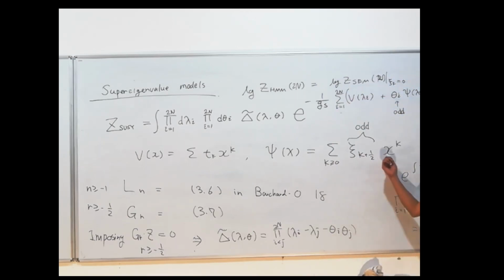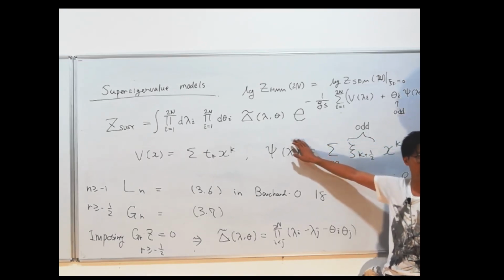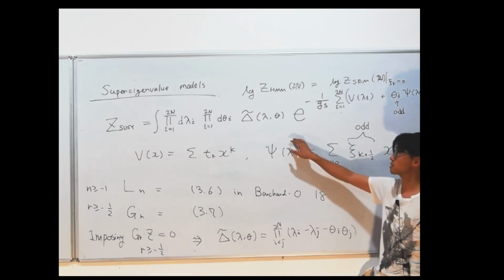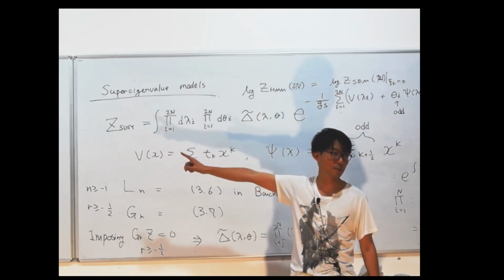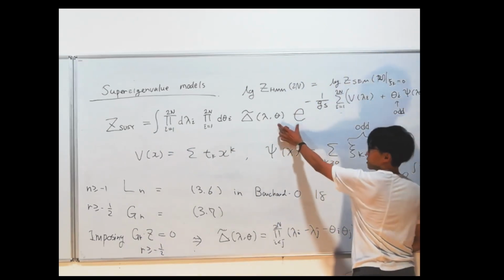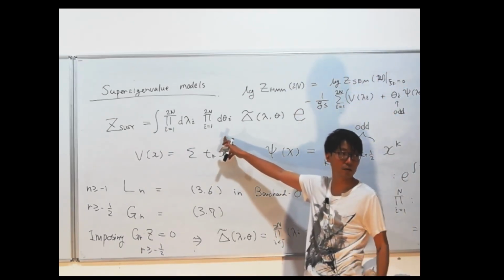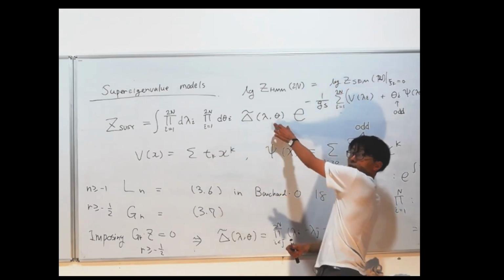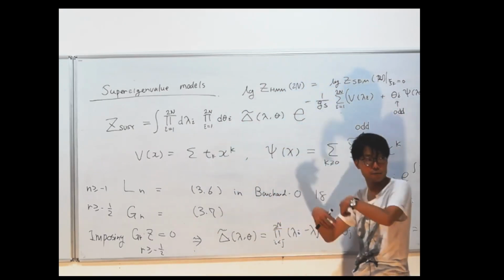Suppose you turn off all these x's at this level, but a priori it's not clear at all that this corresponds to the standard matrix models, because you have thetas here, and remember that the integral of d theta itself is 0. So you have to have the correct number of thetas coming from this Vandermonde, and then the leftover would be something.